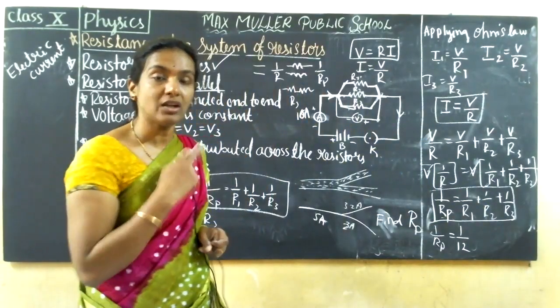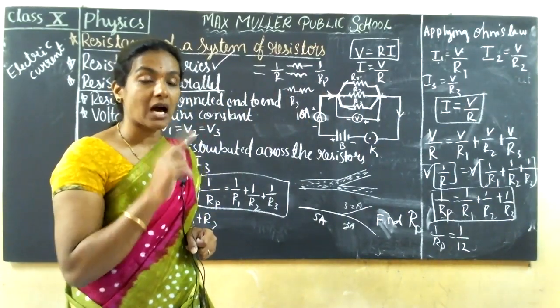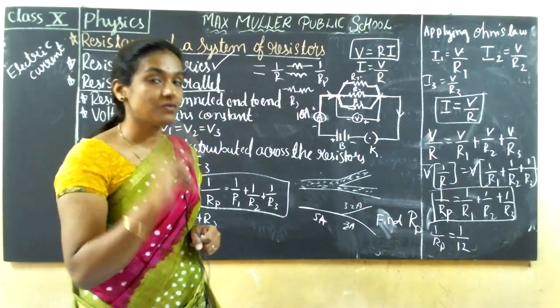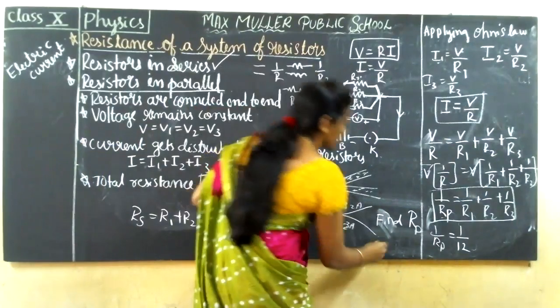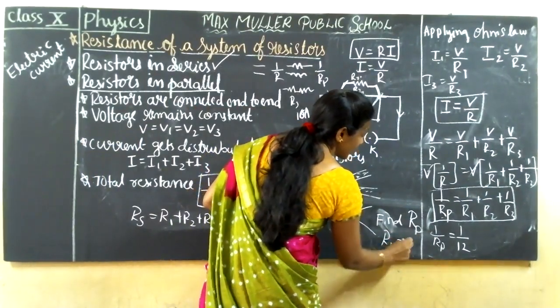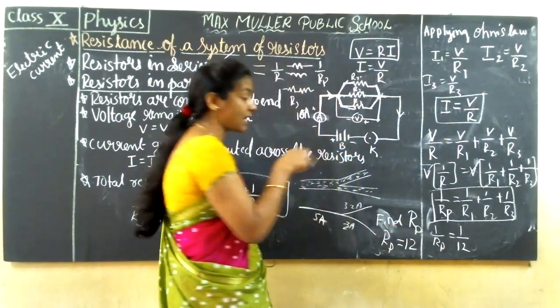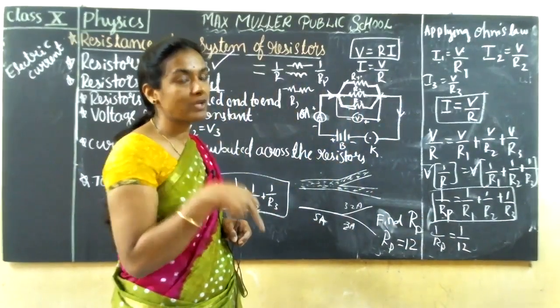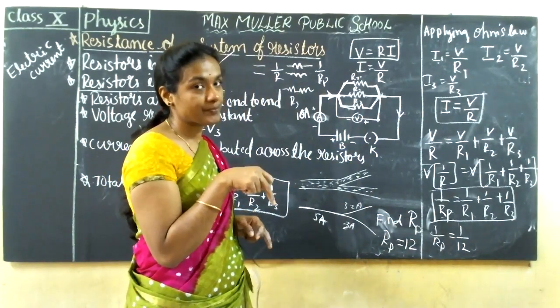This is totally wrong. They are asking for Rp, not 1 by Rp. Keep it in your mind and make sure you take the reciprocal. 1 by Rp is equal to 1 by 12, so 1 by 12 is not the Rp value. We need to know what Rp is here.